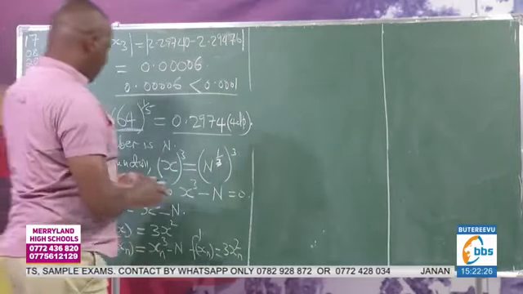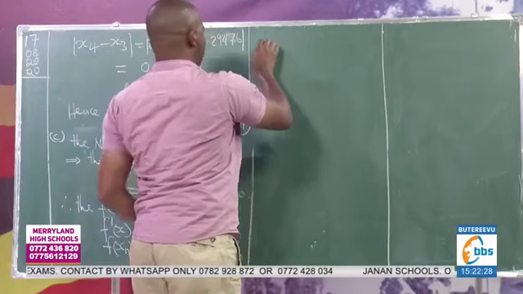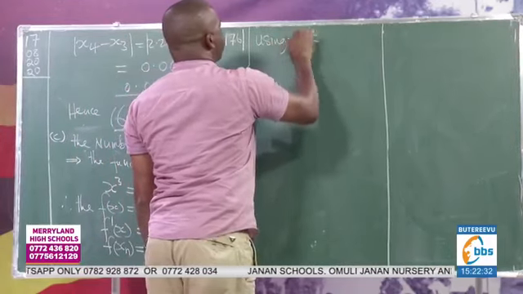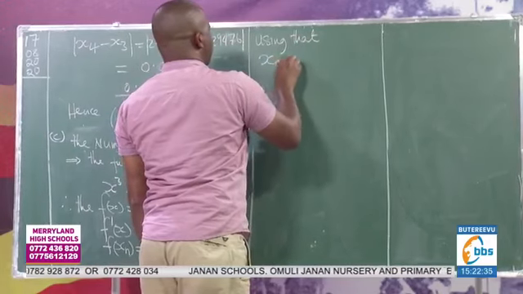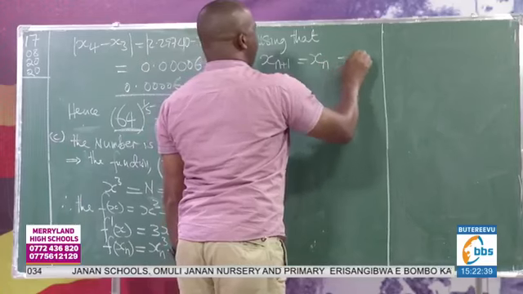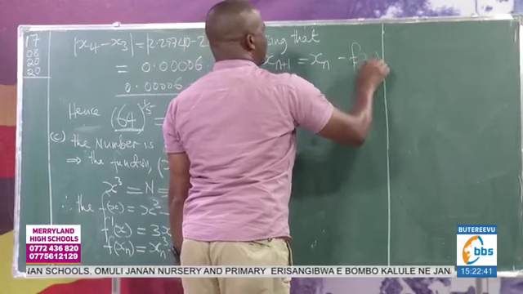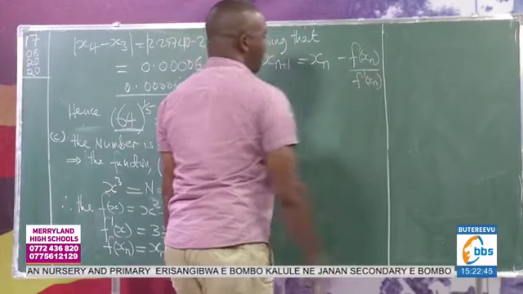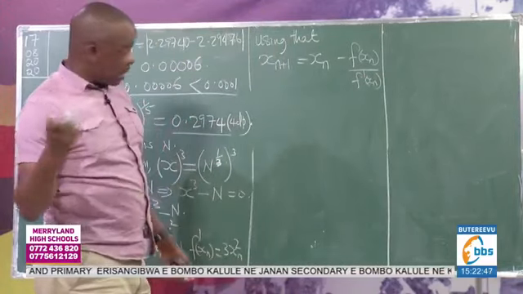So the general expression is xn plus 1 is equal to xn minus f of xn over the first derivative of f of xn. We simply now substitute in here.